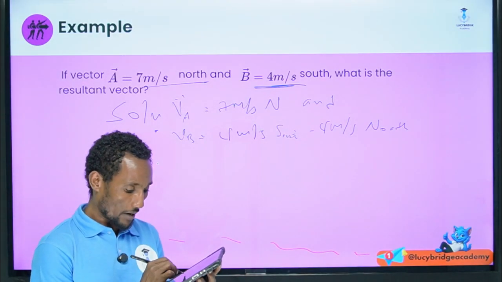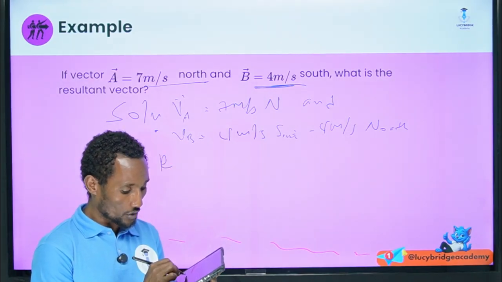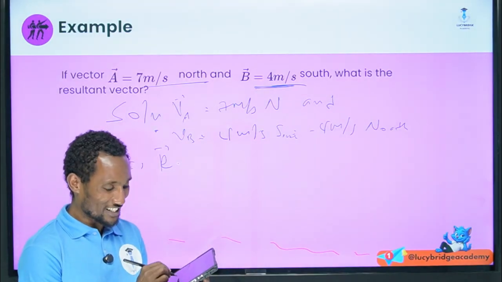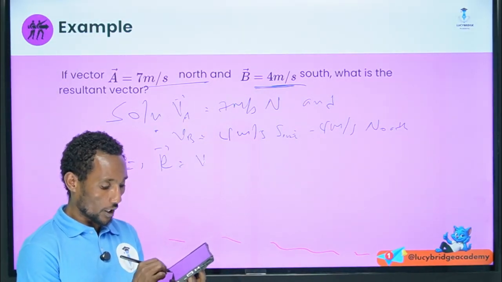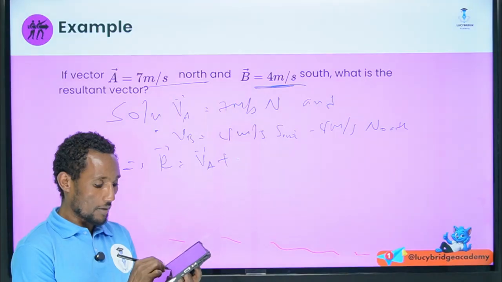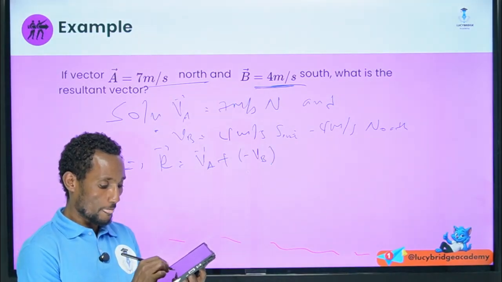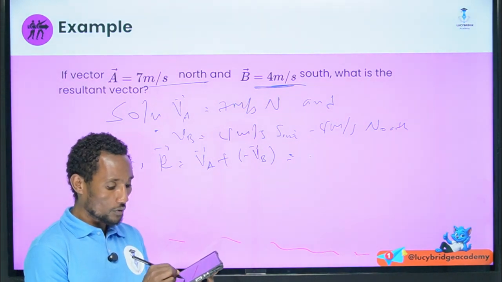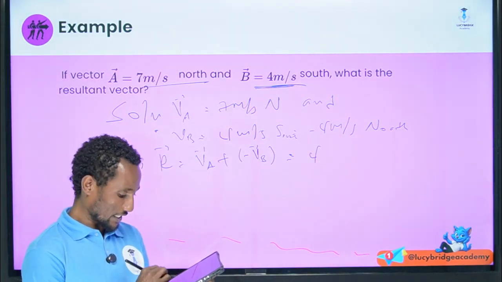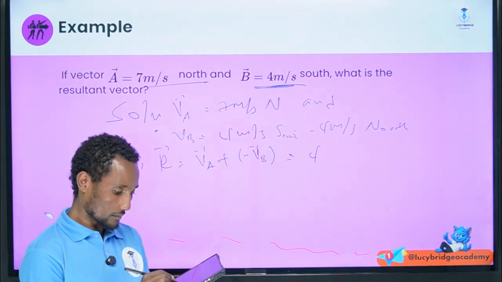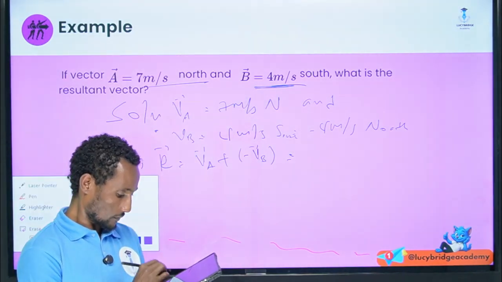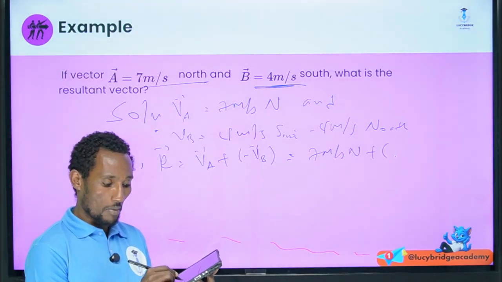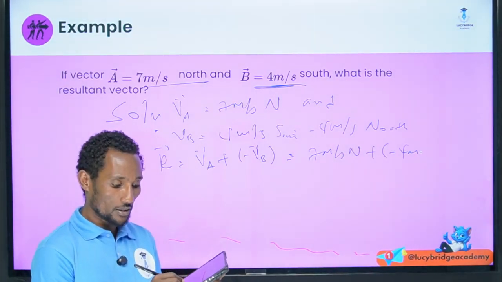Then the resultant velocity of these two vectors is the velocity of A plus minus the velocity of B, which is the same as the velocity of A, 7 meters per second to north, plus minus 4 meters per second to north.